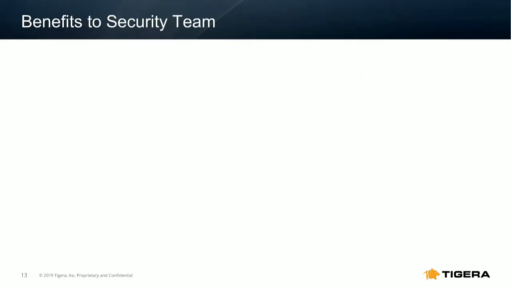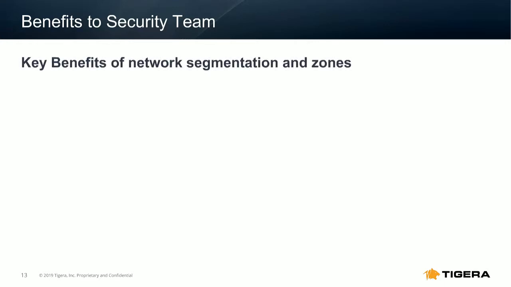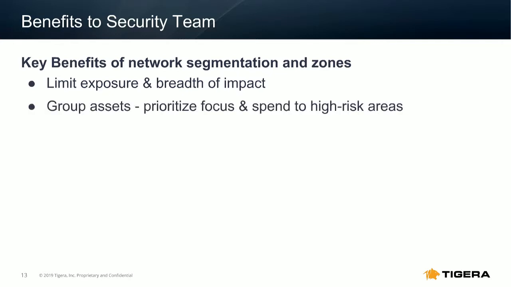The overall benefit to the security team is that they're able to limit the exposure and the breadth of the impact. They're able to group their assets, and by grouping assets, they can actually prioritize their time.